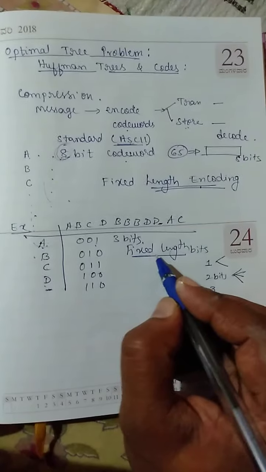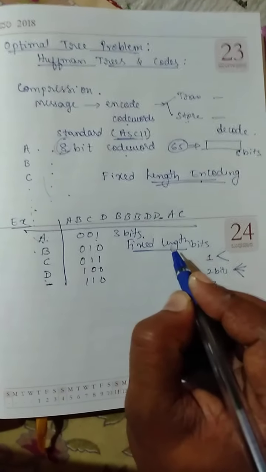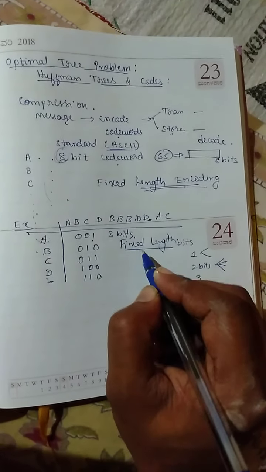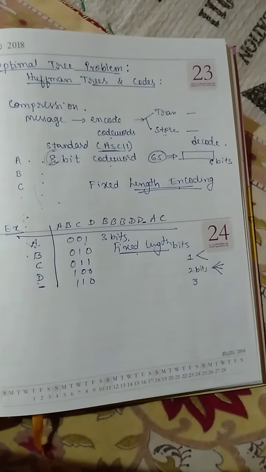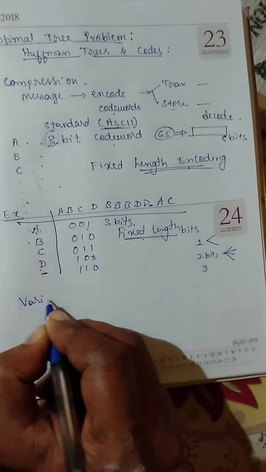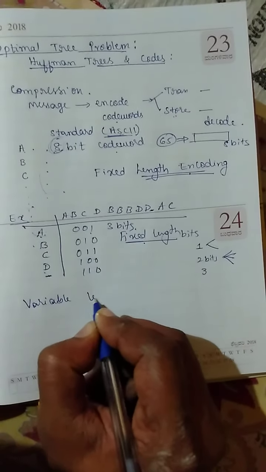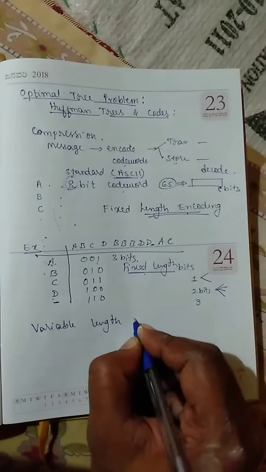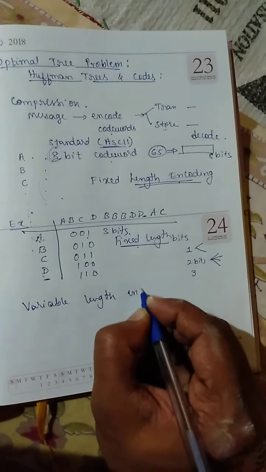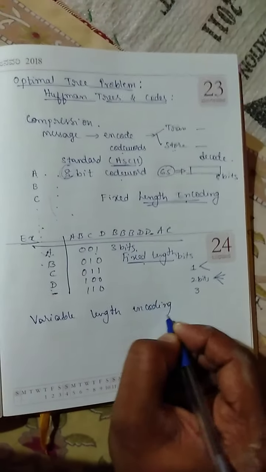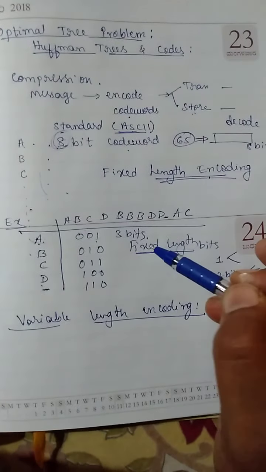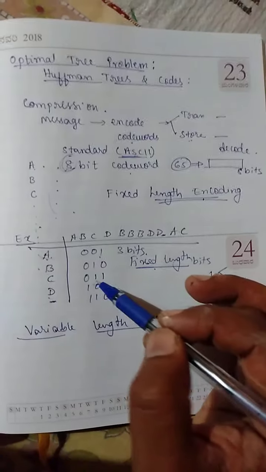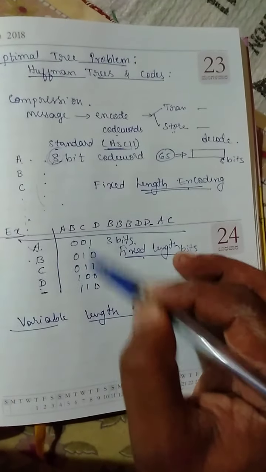So another variant of encoding is called variable length encoding. In fixed length encoding we have code words of the same number of bits.